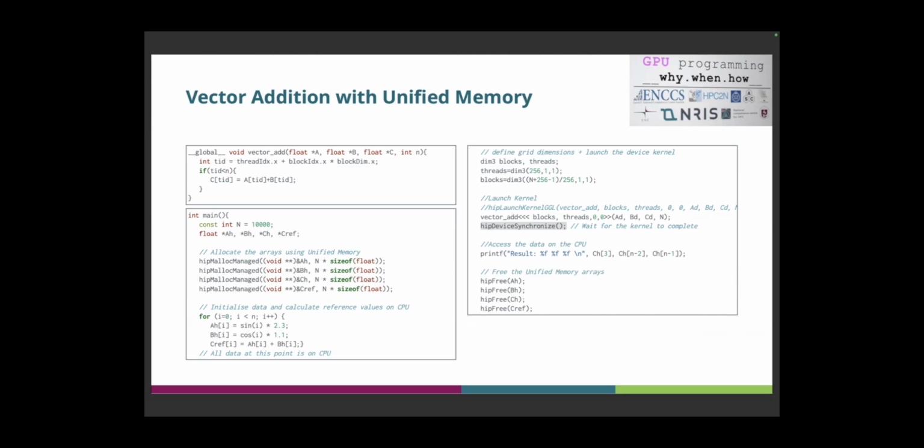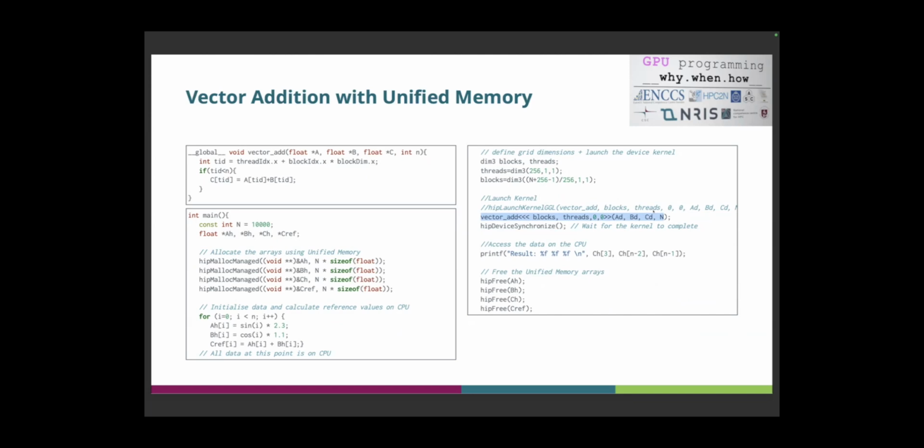The second, on this slide there is a typo, sorry about this, since we use unified memory. So in this launch, it should be A_h, B_h, and C_h. Good catch, thanks.